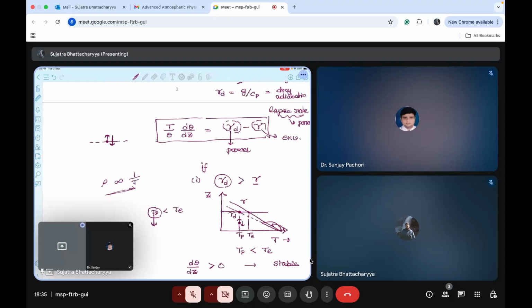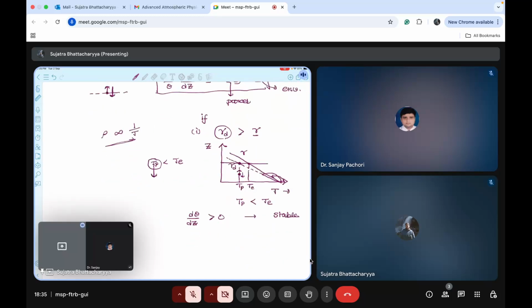If it comes back, then it is a stable system. If it does not come back and goes, it is an unstable system. Same applies here. So if you throw a parcel upward, if you see that your parcel's temperature is less than that of the environment, it becomes more dense. It comes back. Hence, it is a stable atmosphere.